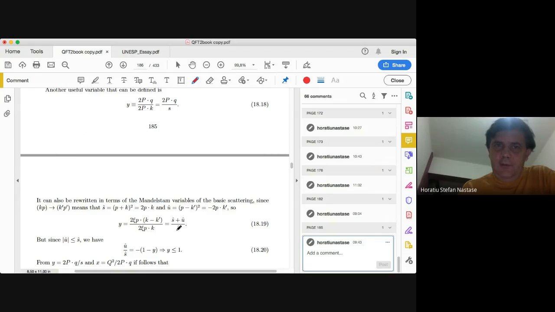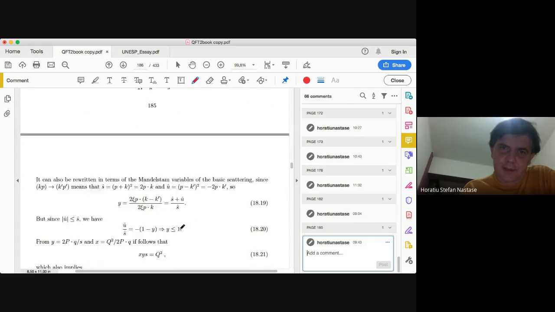So we have 2 psi p dot (k minus k prime). And then we notice 2 p dot k is s hat, and minus 2 p dot k prime is u hat. So this is (s hat plus u hat) over s hat.